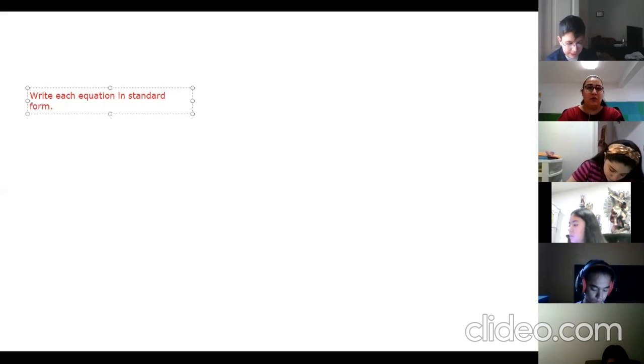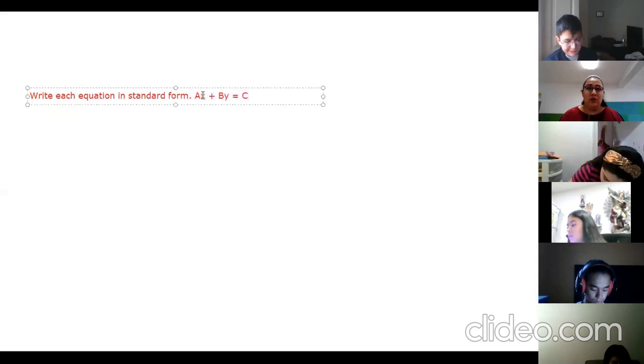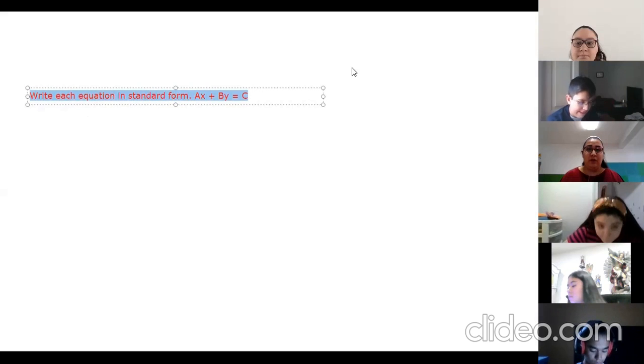And we know that standard form is A of X plus B of Y is equal to C. This is what is written in the instructions, and I asked you guys to write the equation. If you haven't written it already, please do so.